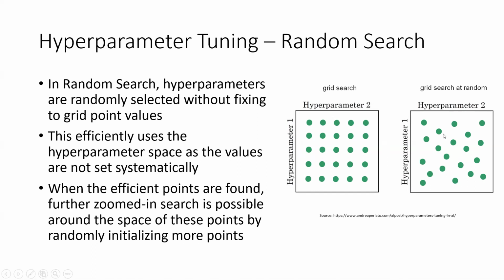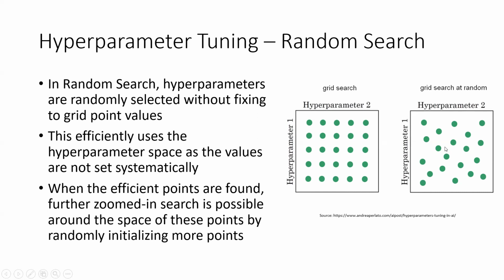So when there are many hyperparameters, practically random search works better compared to grid search, because we can't test all the grid points when we have a large number of hyperparameters. But this random selection can be used step by step, right? For example, you can use this technique with hyperparameter 1 and 2, and suppose you find that around this particular combination of hyperparameter 1 and 2, you have the best performance or the least error.